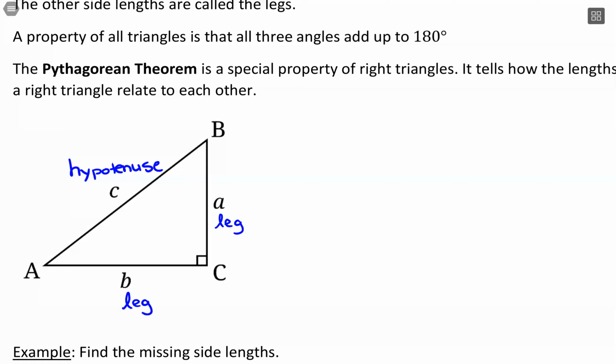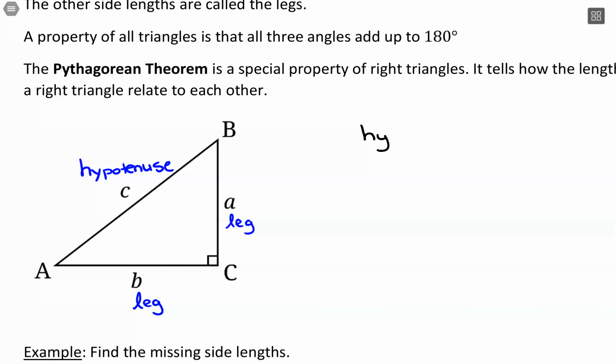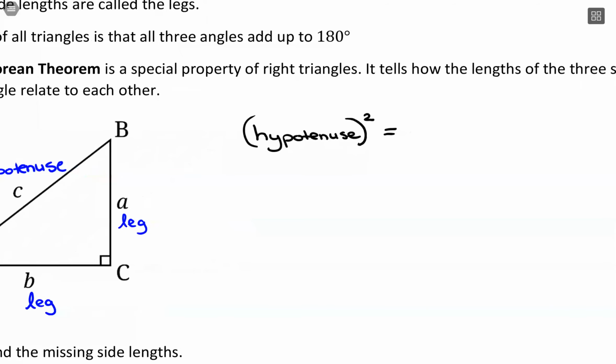Now, it tells us how the lengths of the three sides of a right triangle relate to each other, and that relationship goes: if you take the hypotenuse squared, I'm going to write it out in words first, if you take the hypotenuse squared, that's going to be equal to the sum of each leg squared.